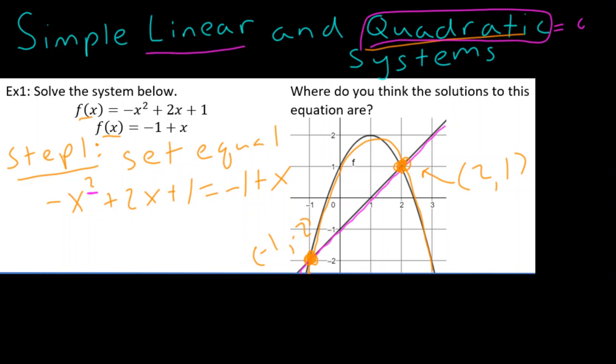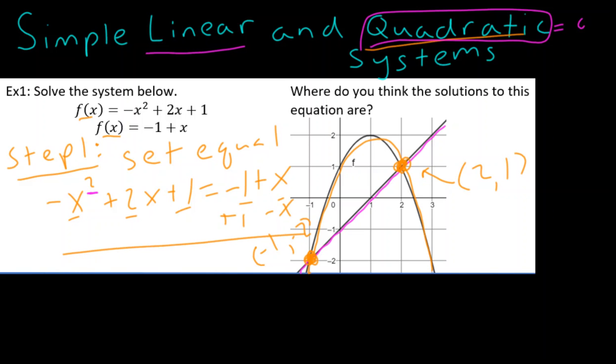Okay, so in order to do that, we have to determine, is it easier to move 1, 2, 3 things, or would it be easier to move 1, 2 things? And in my opinion, you should always treat this like luggage. Would it be easier to carry 3 suitcases up a set of stairs, or 2 suitcases up a set of stairs? Obviously, it would be easier to carry 2 rather than 3. So let's move the -1 on the right, and we get rid of a -1 by adding 1, and we get rid of a positive x by subtracting x.